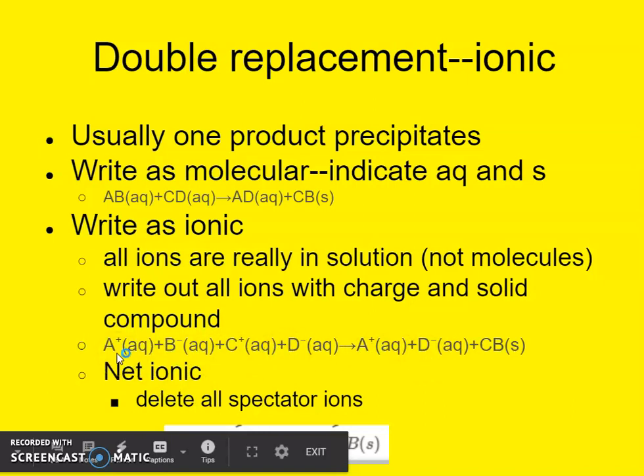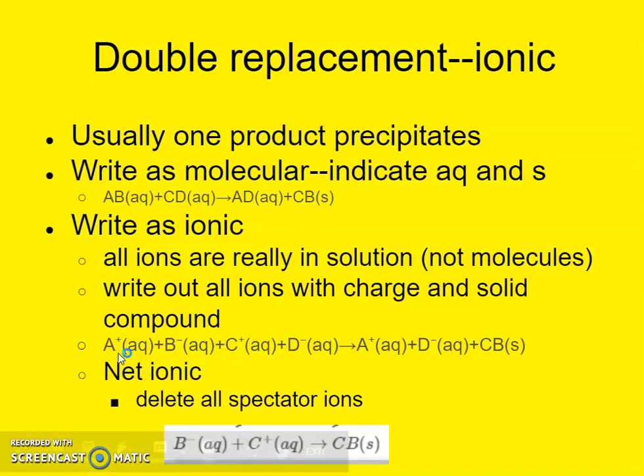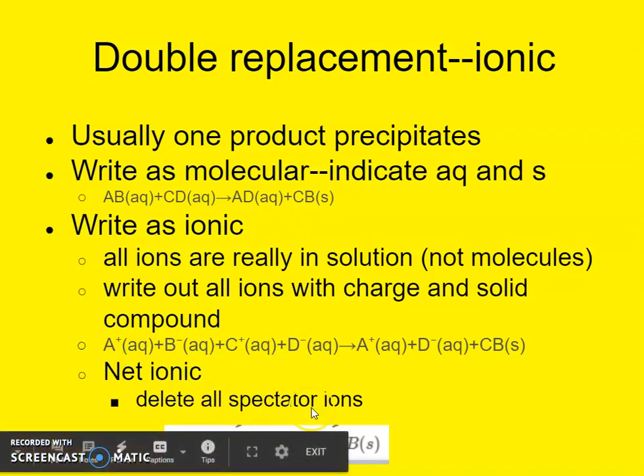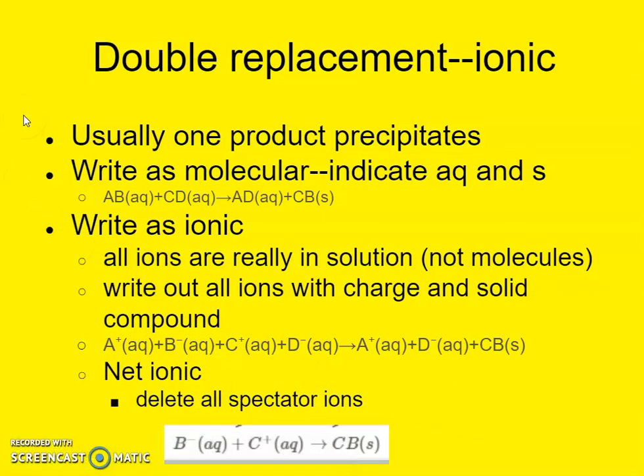So nothing really happened to them during our reaction. So we can call those spectator ions. And you can actually write an equation that deletes those spectator ions. And so in other words, our equation below really just shows that the B anions plus the C cations come together to form that solid CB.